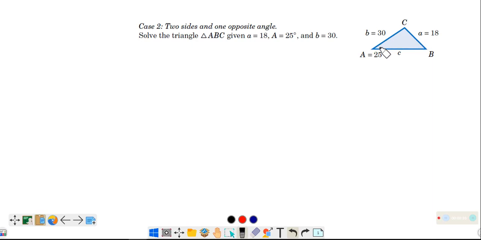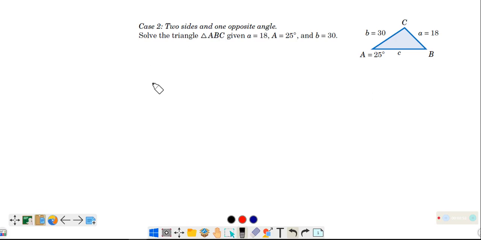The opposite angle is the angle opposite side A, which is angle A. And the measurements are side A is equal to 18, angle A is equal to 25 degrees, and side B is equal to 30 units.